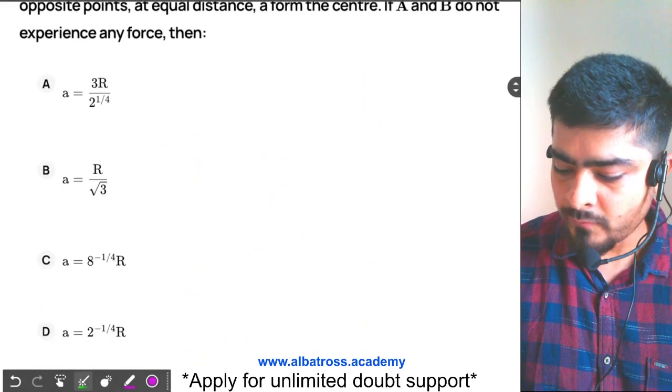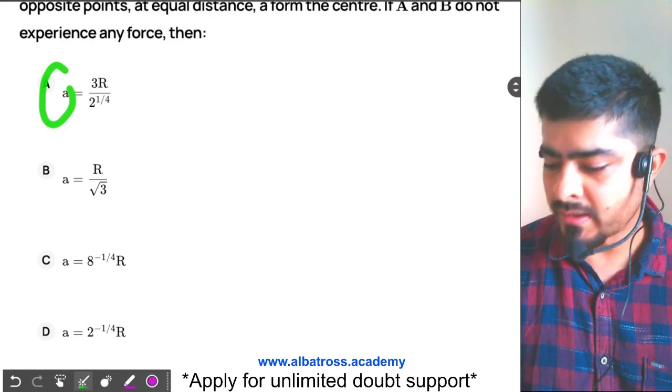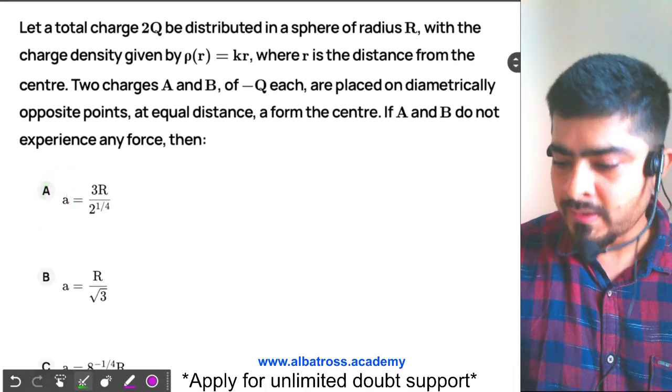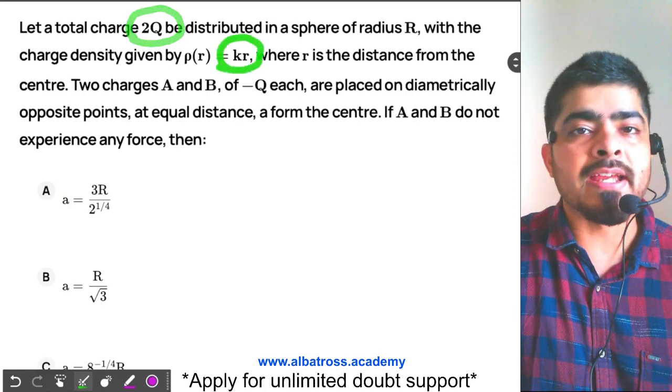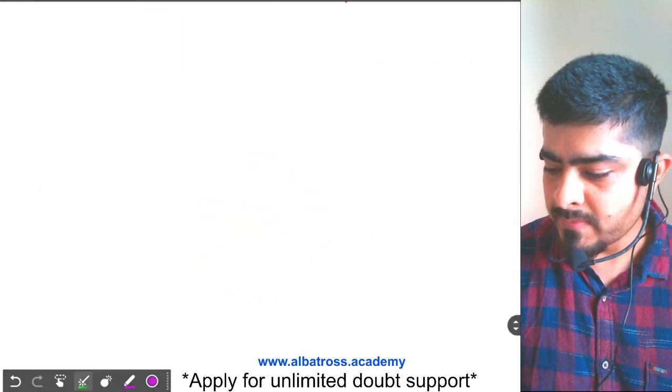In the question we have to find the value of a in terms of capital R. So first of all, let's understand the total charge on the sphere is 2q and its density is kr. What does this mean?